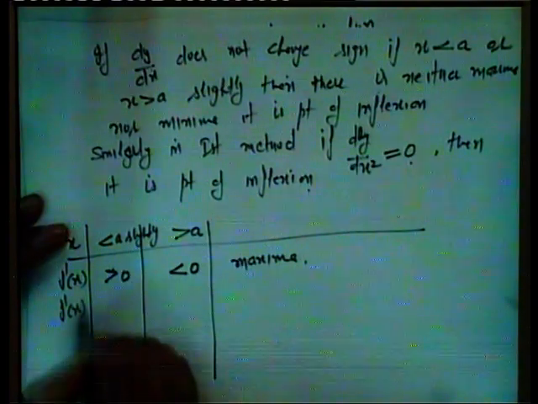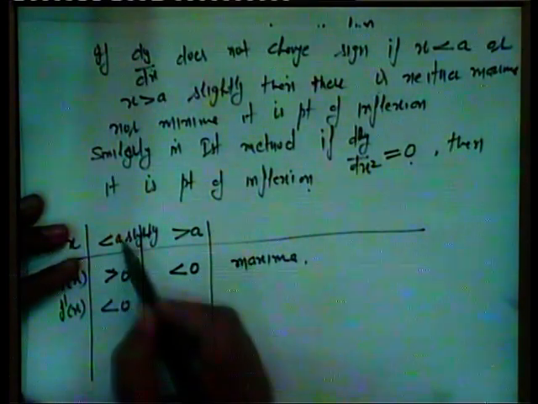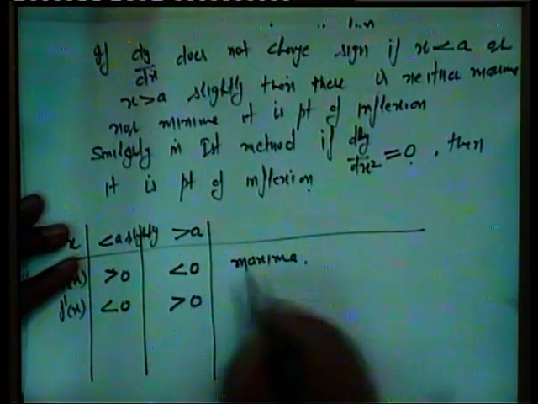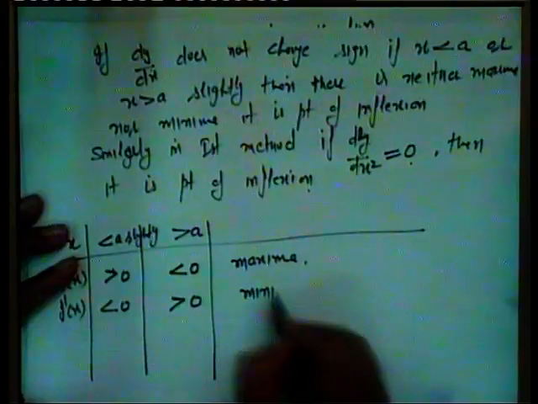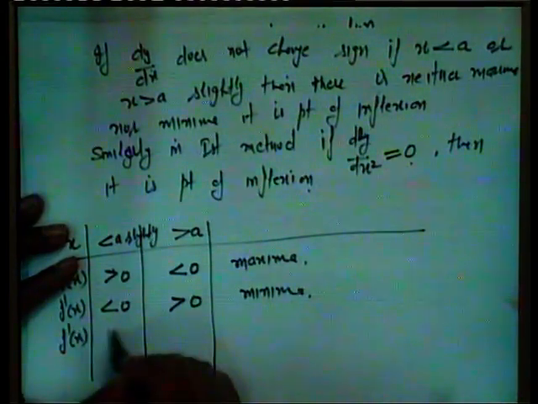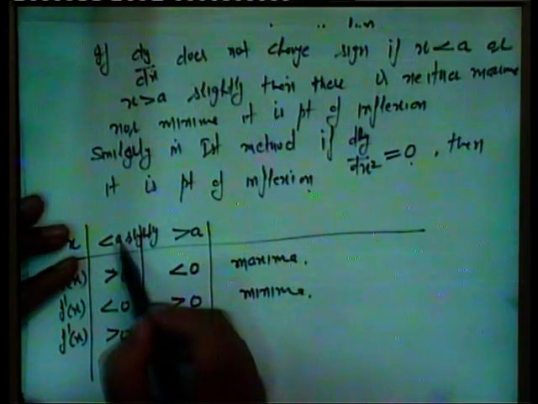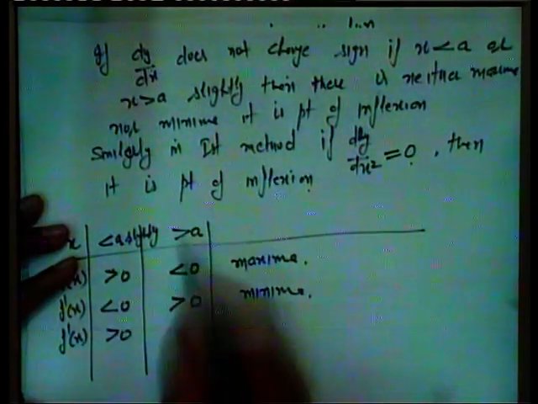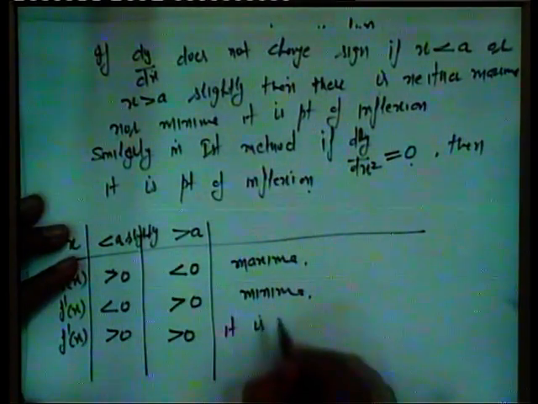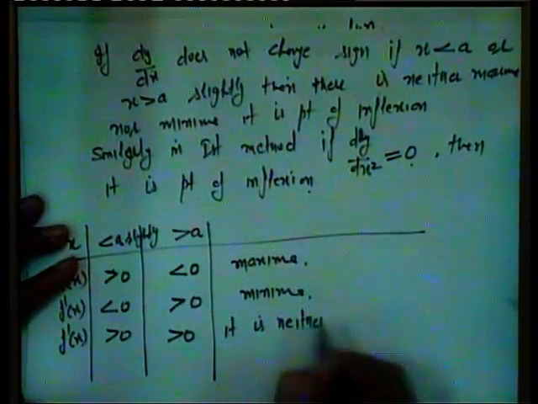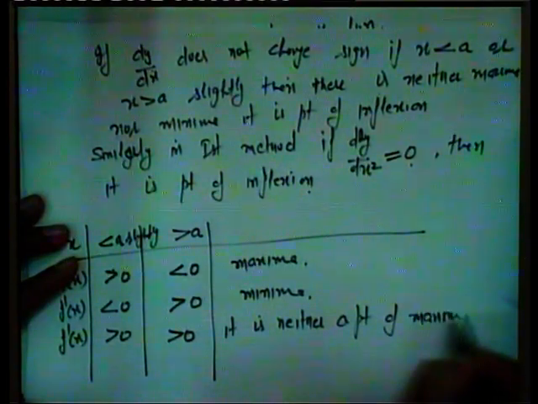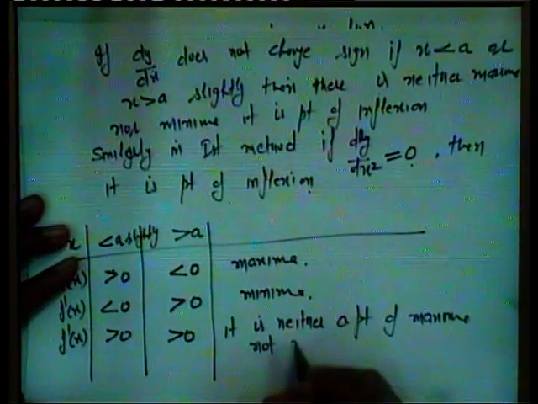If f dash x is negative for less than a slightly and positive for greater than a slightly, then there is a point of minima. If f dash x is positive for less than a slightly and also positive for greater than a slightly, then it is neither a point of maxima nor minima.